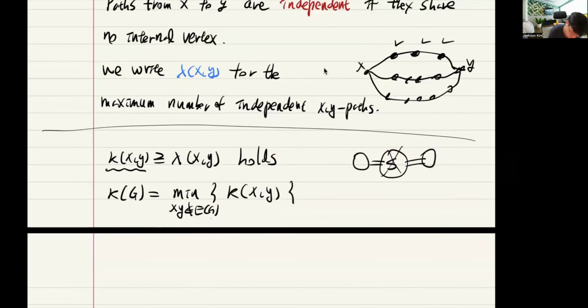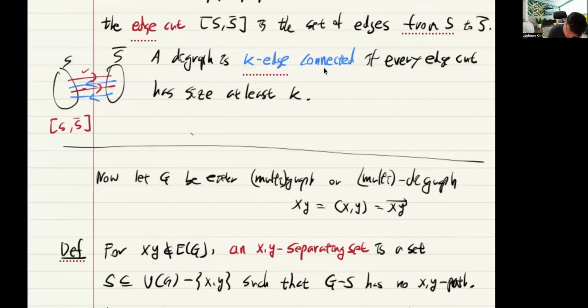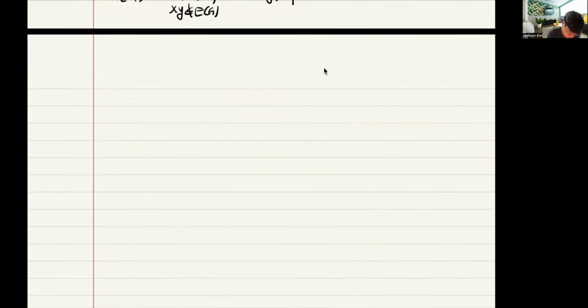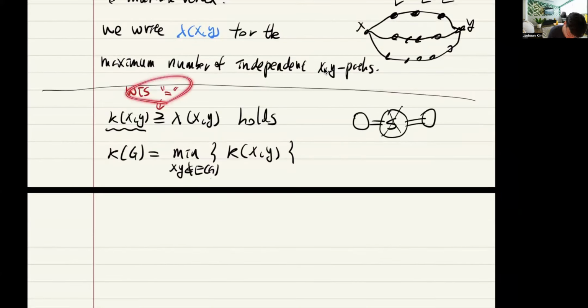And then what's our goal? Our goal of achieving this equivalence is to prove equality here. So in order for that, we need to first prove a theorem. And later we want to prove this inequality for graphs and digraphs.